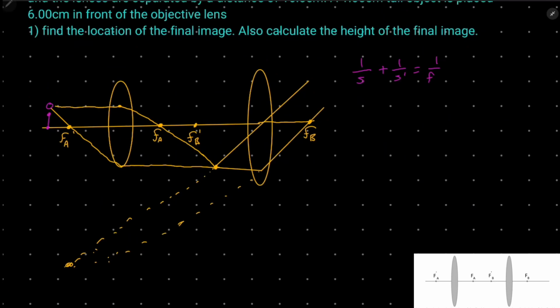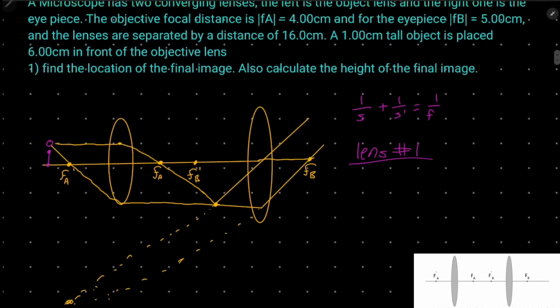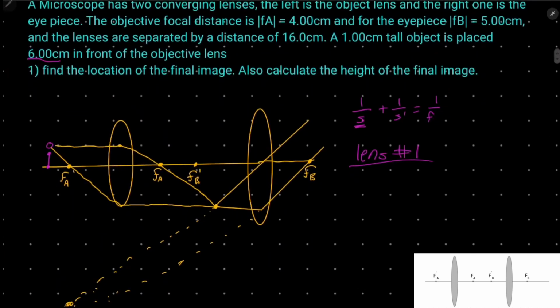So we will do the math for lens 1 first. Here we see that this s is going to be the initial horizontal distance of the object away from our lens. As stated in the question, our object is 6 centimeters in front of the objective lens.